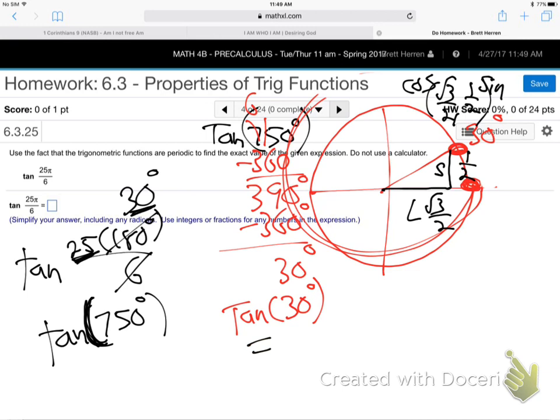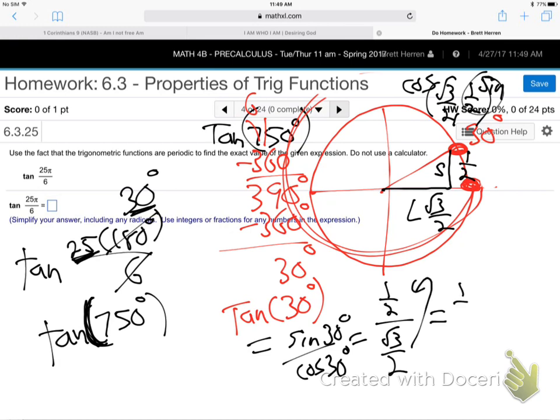What's the definition of tangent? What is tangent? Sine over cosine, or y over x, either way. So the sine's a half. Cosine's root 3 over 2. What do we do from there? Give it a flip.